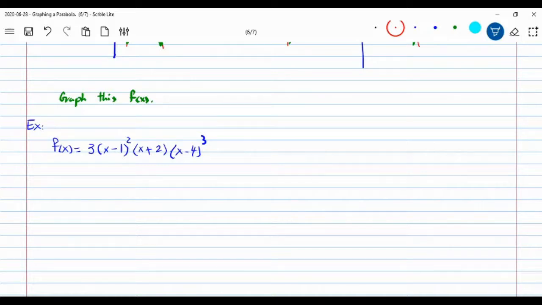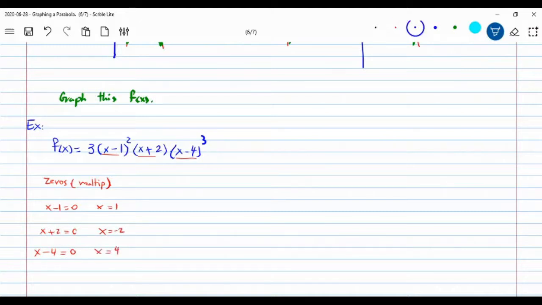So first, let's discuss the zeros. What are the zeros and their multiplicity? Either this parenthesis is equal to 0: x minus 1 equals 0, x plus 2 equals 0, or x minus 4 equals 0. Each parenthesis is equal to 0, and you'll get solutions x equal to 1, x equal to -2, and x equal to 4.